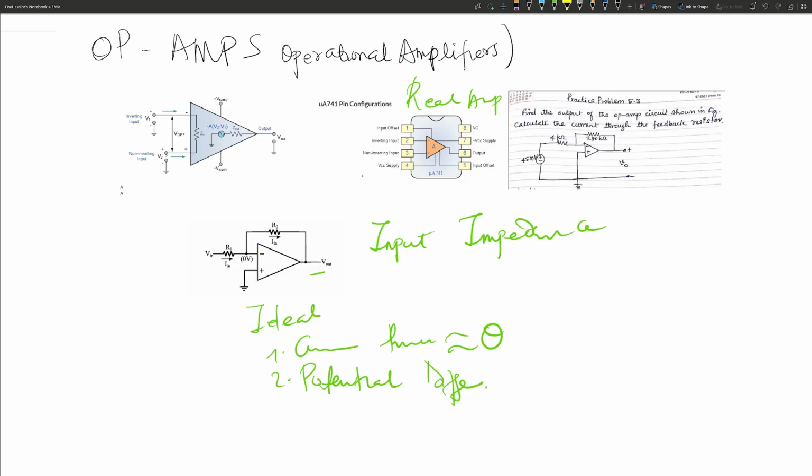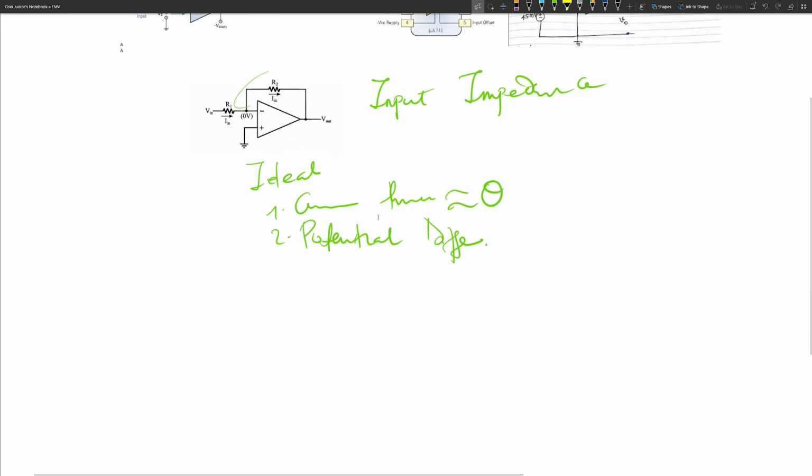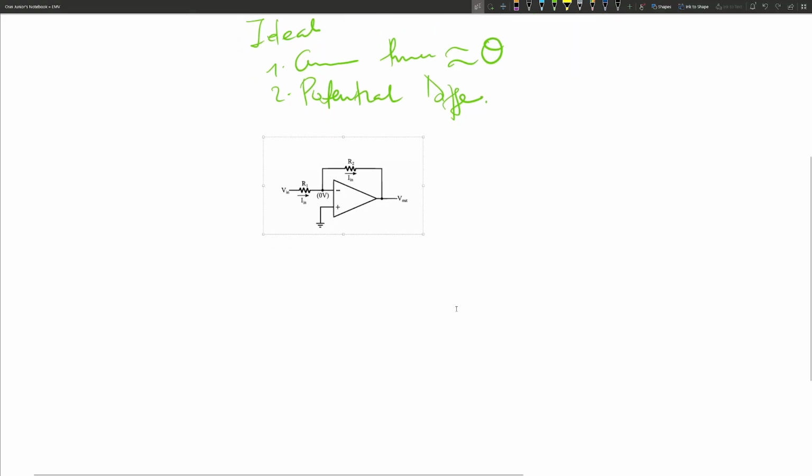Okay, so let's try to understand this diagram a little bit, see how the output voltage looks, and what we can do about it.